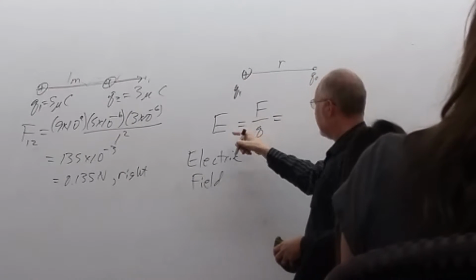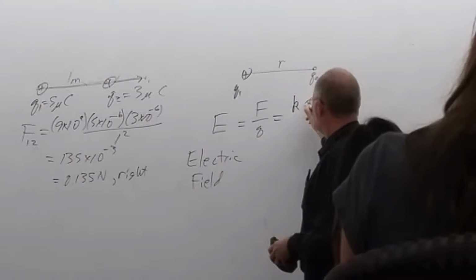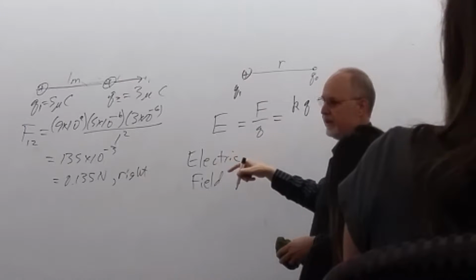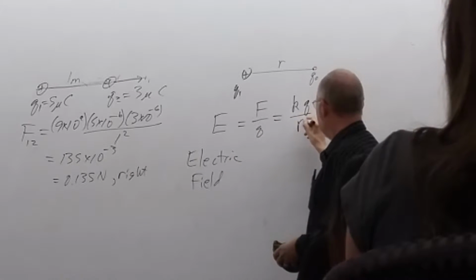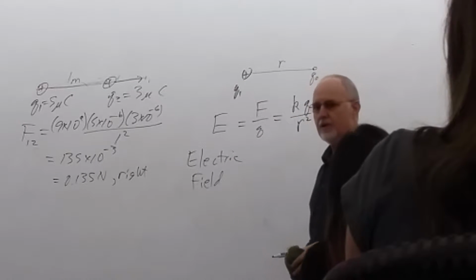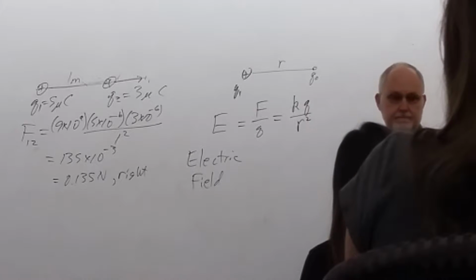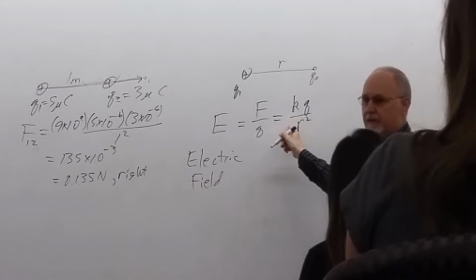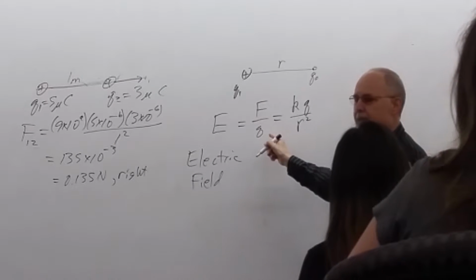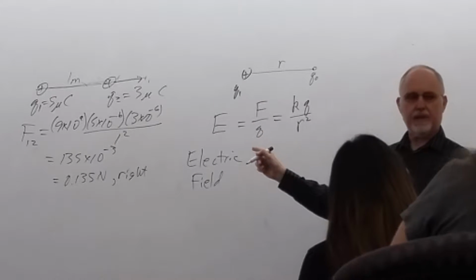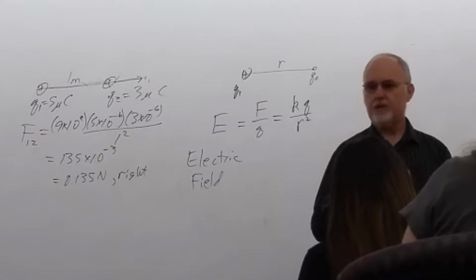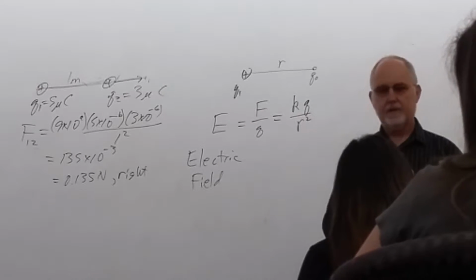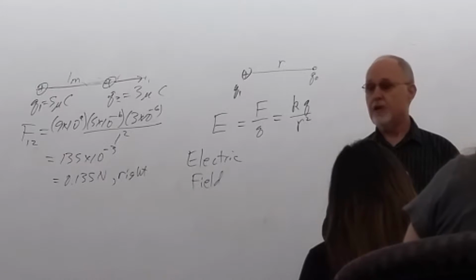So the electric field would be k times Q, whatever the Q is that's creating the electric field, divided by the distance away from that Q squared. So we end up with this equation for electric field. Now, technically, this is the equation for the electric field if it's a point charge. Just a single charge, and basically the charge has no dimensions.